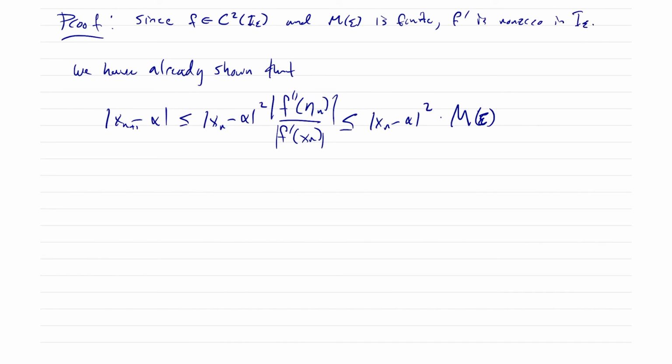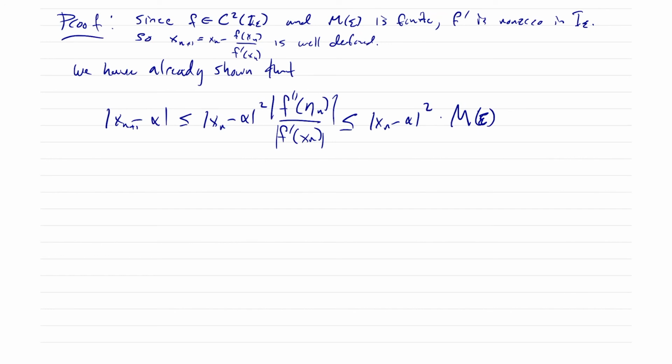That's because m epsilon is finite. So xn plus 1 is equal to xn minus f at xn divided by f prime of xn is well defined. Right? So we have that statement.